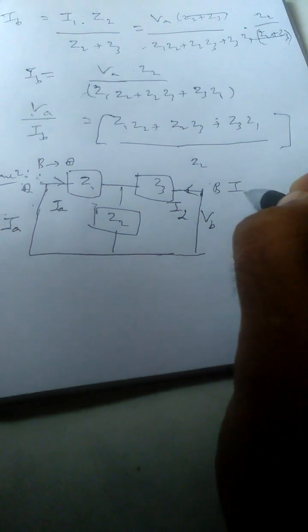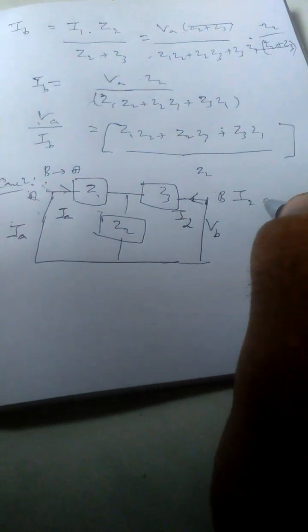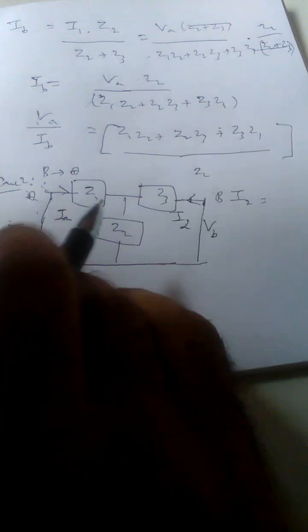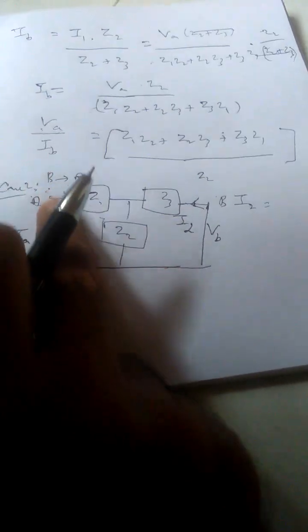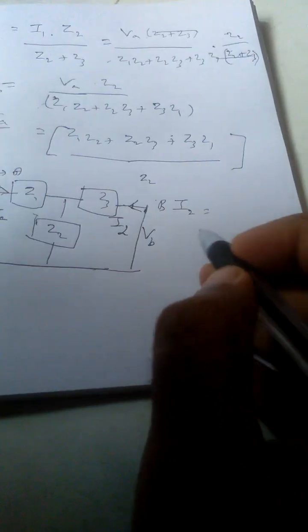From this I2 can be written as follows. Since the flow is from B to A, terminal A is short circuited, just as in the previous case where terminal B was short circuited.